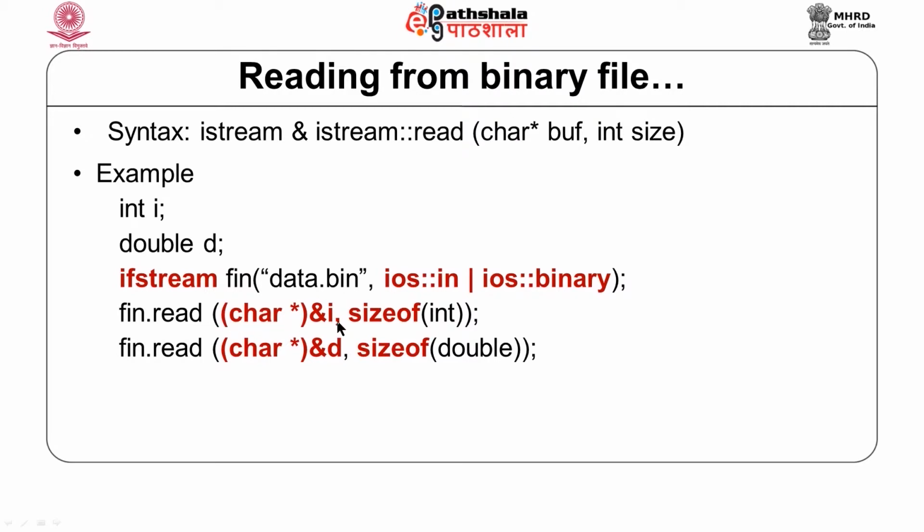Just like in the case of write, the first is the address in the memory where the data is to be stored. So, it is converted into char star, and then how many bytes are to be read and stored at this address.